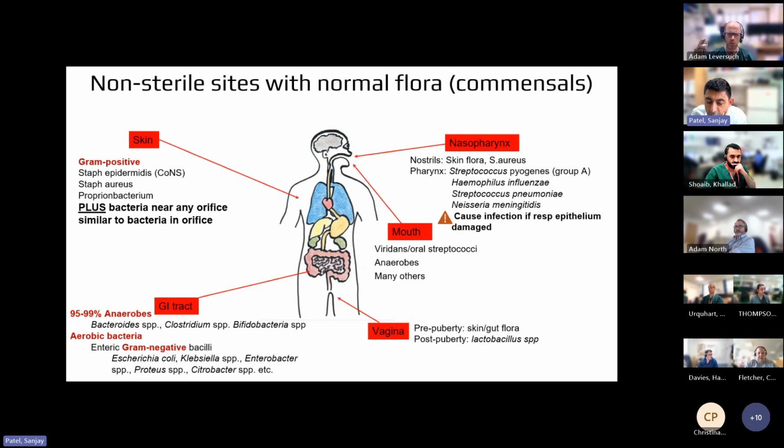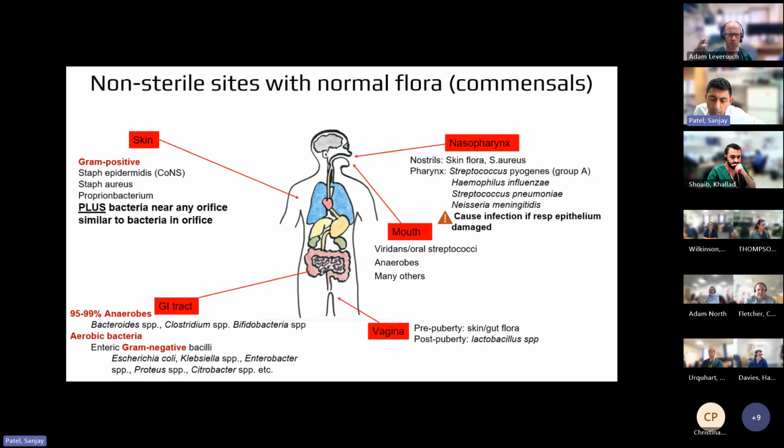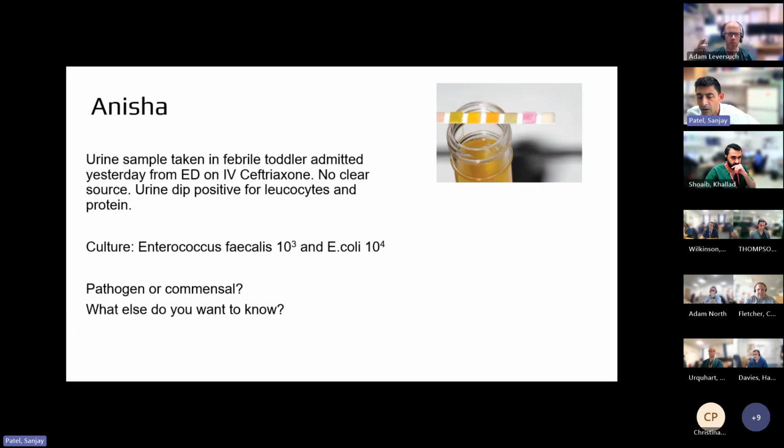And so that's why when you get a mixed gram negative in a urine sample, be mindful of how you interpret it. And actually, let's go on to this case, which is sort of that situation. So you have a urine sample taken from a febrile toddler. We know that toddlers are highly likely to have UTIs. And when it's febrile, we take it seriously because we think it might be an upper UTI, pyelonephritis.